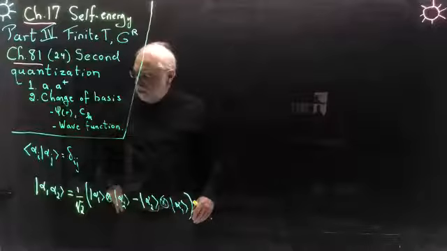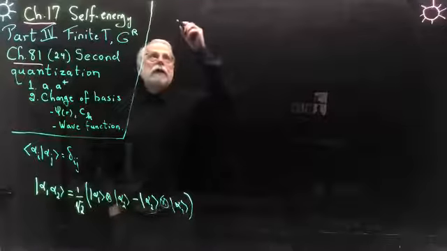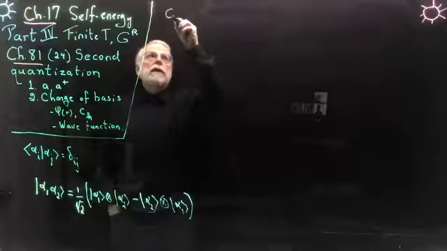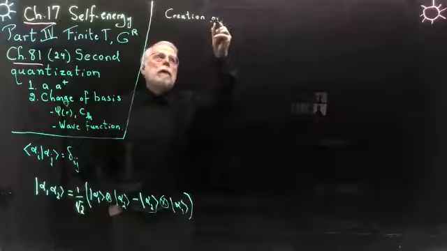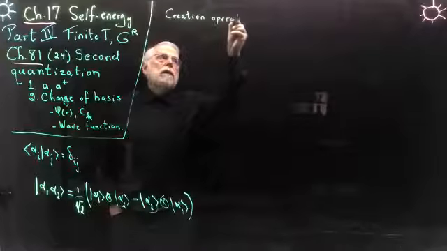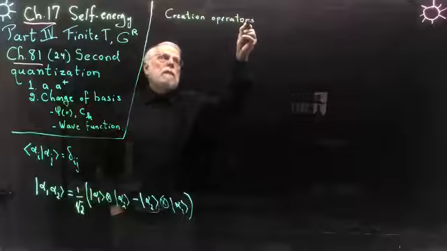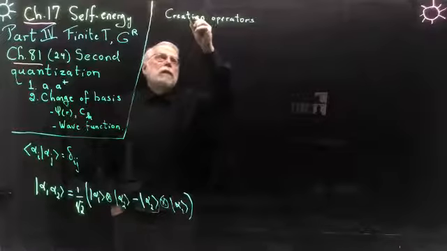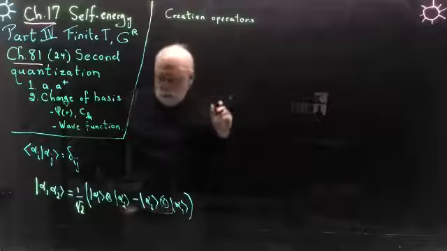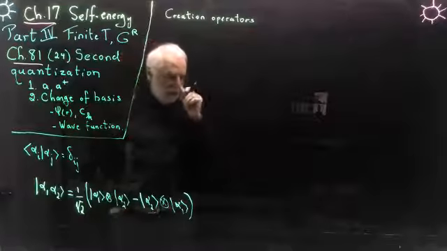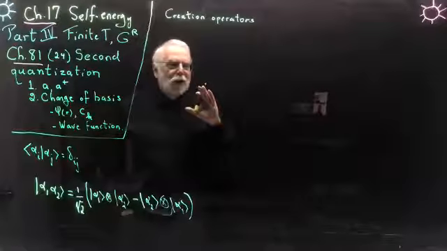So what we prefer to do is to define creation operators. By the way, I think this was invented by Jordan, who turned out to be a Nazi, so that his name is sort of forgotten.